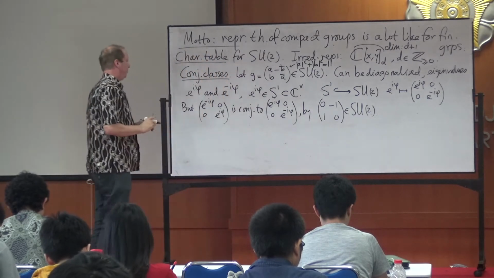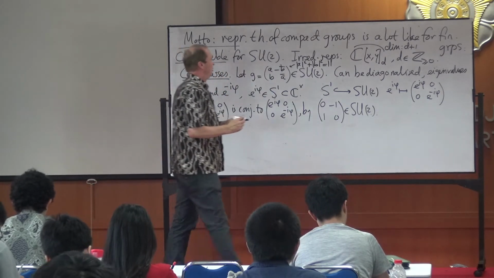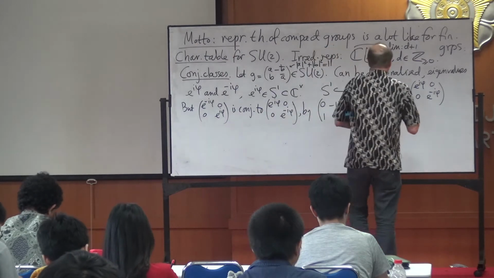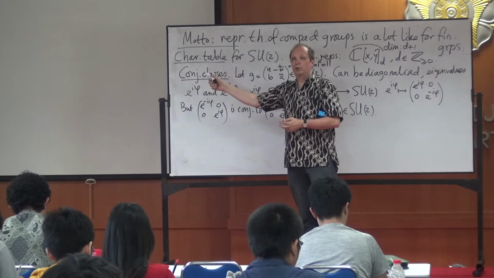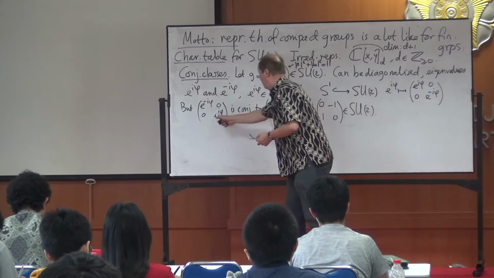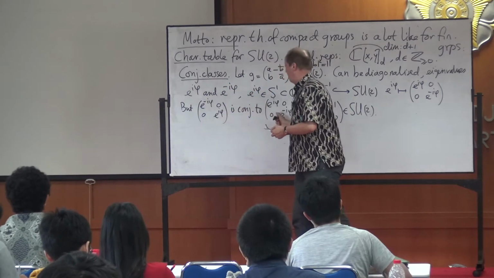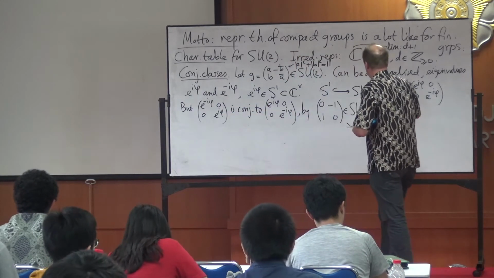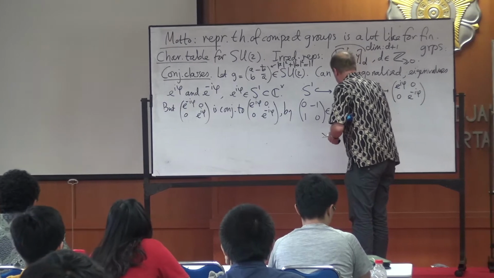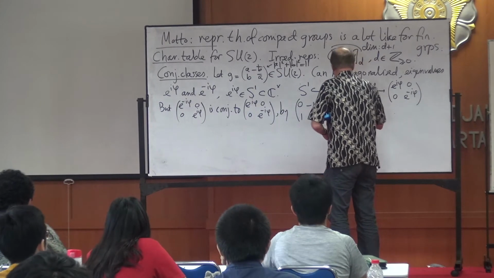Yeah? So what I now want to do is make visible the set of conjugacy classes. So this and this should be mapped. They are the same conjugacy class. And how can I make a set of conjugacy classes? Well, I can take the trace of my matrix.